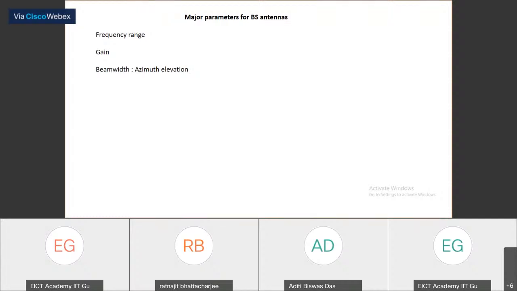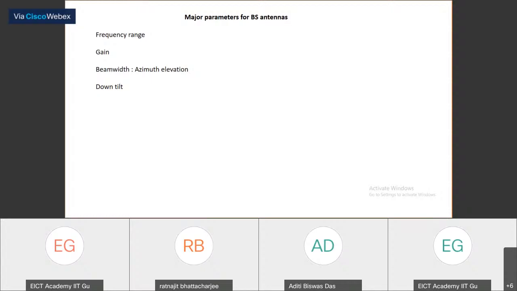So horizontal to ground is azimuth, and if you consider the vertical plane, then you get the elevation. So you talk of 3 dB beam width, and this beam width is going to play an important role, we will see.